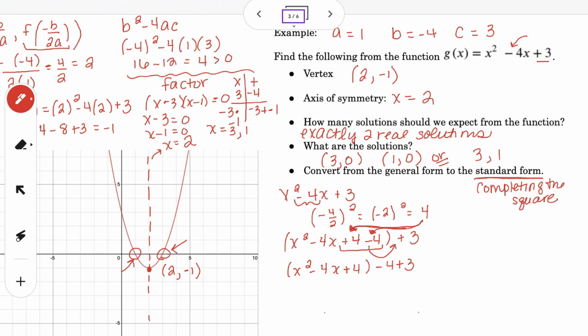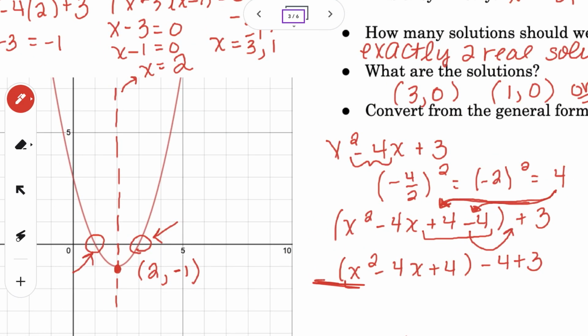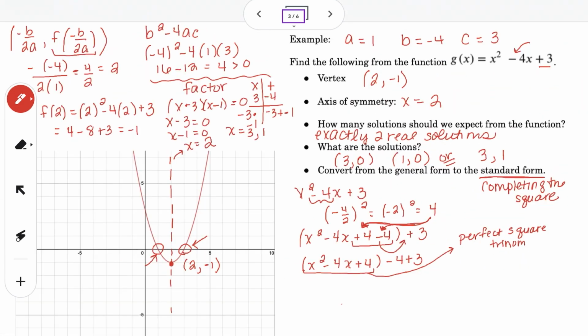This now is a perfect square trinomial. So if I were to factor this, what multiplies to positive 4 and adds to negative 4? Well, that would be negative 2 times negative 2. And it is not a coincidence that this number here is that solution.